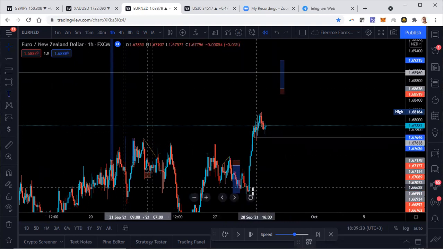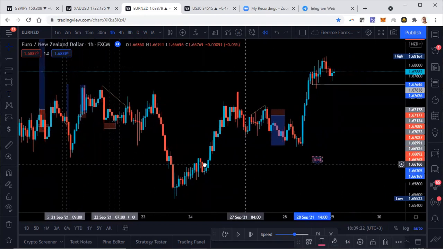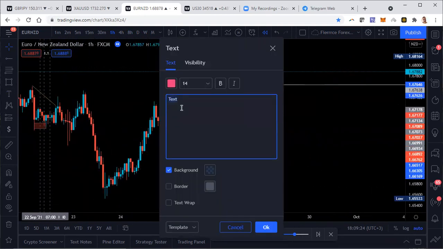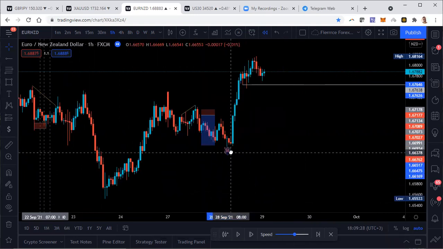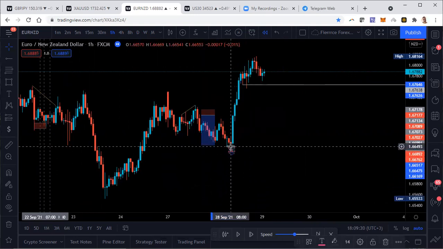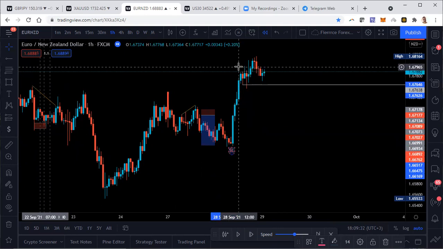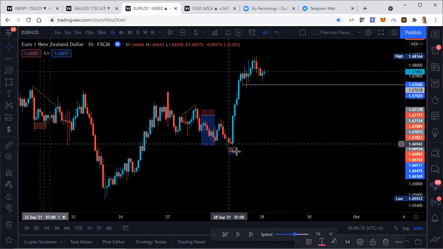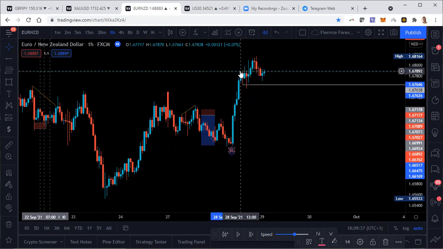So if I'm to mark out my chart, we have a swing low. I'm just going to put it here. There's a swing low here, and a swing high here. This swing low is responsible for this swing high. Now, remember we are on the 1 hour.